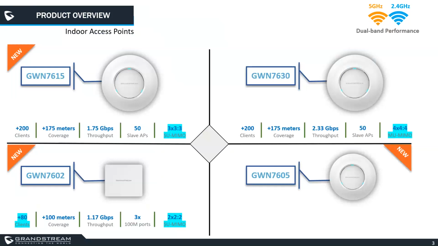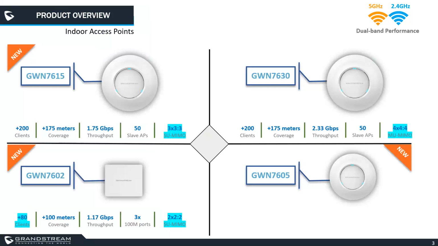In other words, you can't use GWN 7602 to manage the other access points. But you can use, for example, GWN 7630 to manage the GWN 7602. So the GWN 7630 has 4 antennas with multi-user MIMO technology.